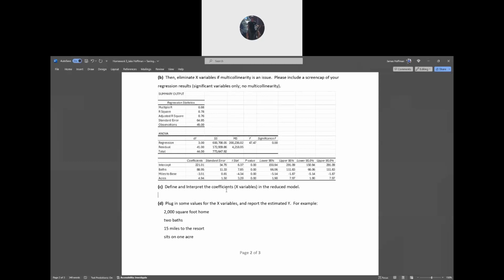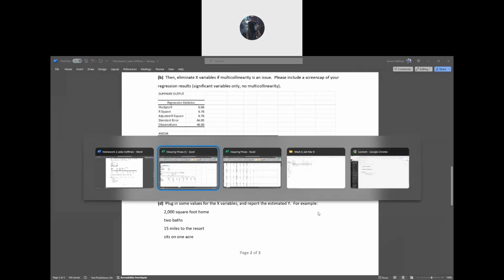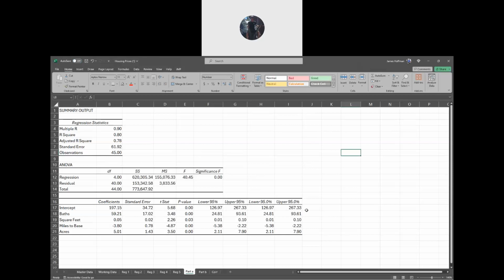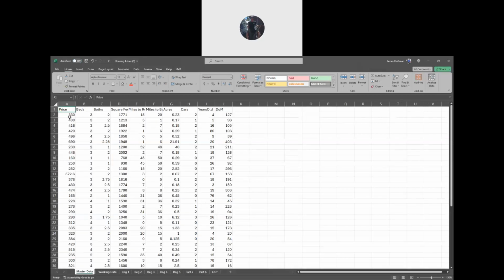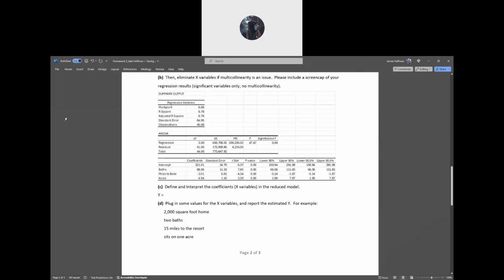Okay, so y equals, I even forgot what y is. It's price in thousands, right? Is that what I said? Yeah. So y is the price of home, and this is thousands of dollars.